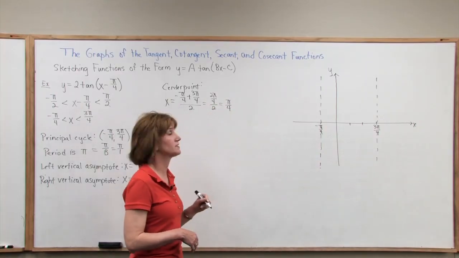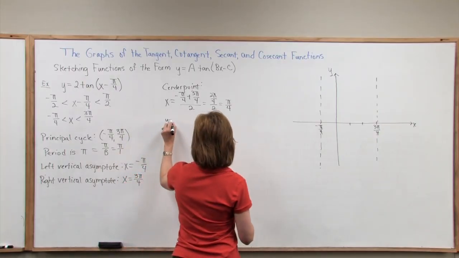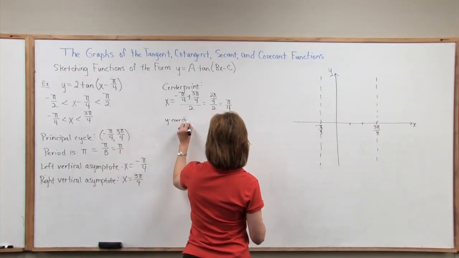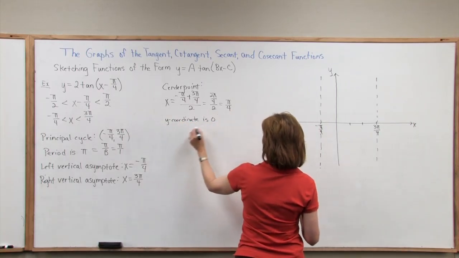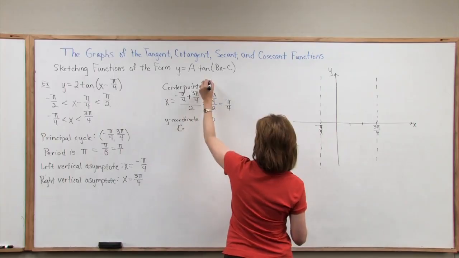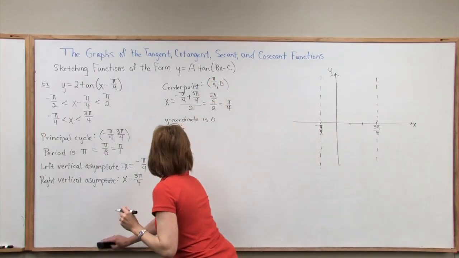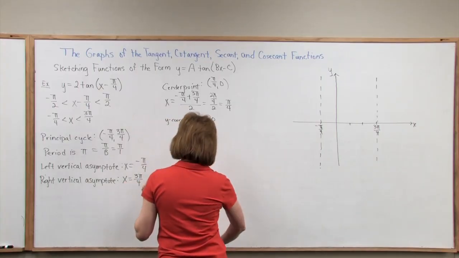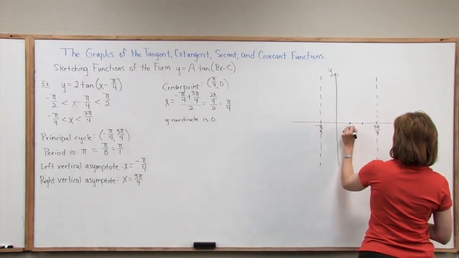So the x-coordinate of the center point is pi over 4. The y-coordinate of the center point is 0. So the point that I have now, my center point, let's write it up here, is (pi over 4, 0). So let's go ahead and plot that point. (Pi over 4, 0) is my center point.